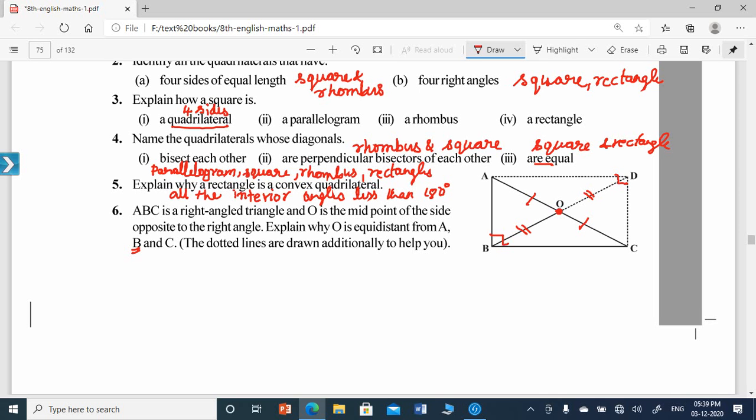In rectangle, diagonals bisect each other. When we extend BO to D such that BO is equal to OD, then rectangle ABCD is formed.